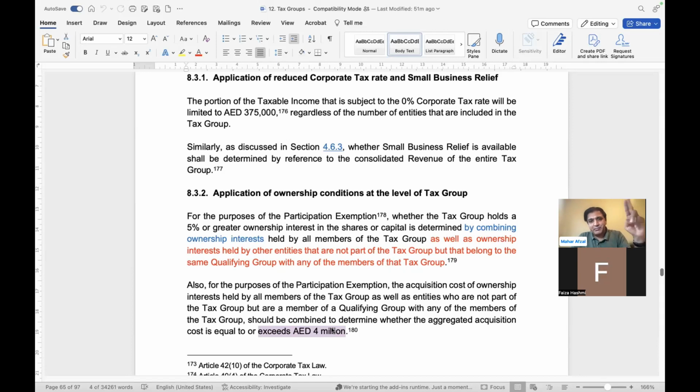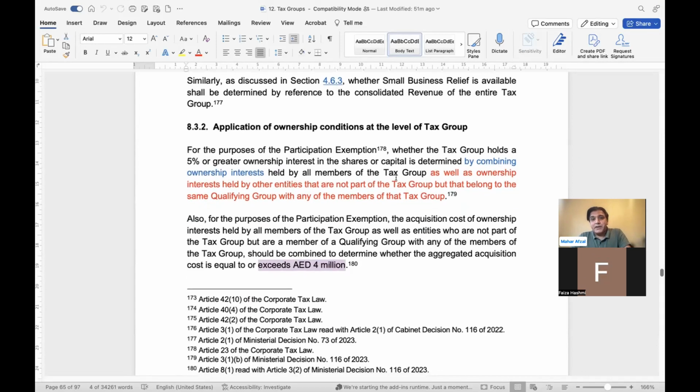Three parties: the parent company, members of the tax group, and members of the qualifying group of which the tax group is a member. So the total share of these three parties will be considered to assess whether the 5% condition or the 4 million condition has been met. So you can read it for the participation exemption: 5% ownership interest as well as the ownership interest held by other external entities that are not part of the tax group but belong to the same qualifying group as a member of the tax group.